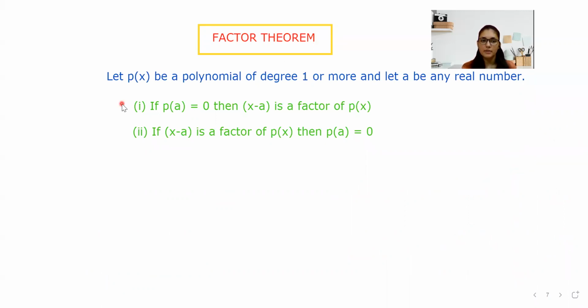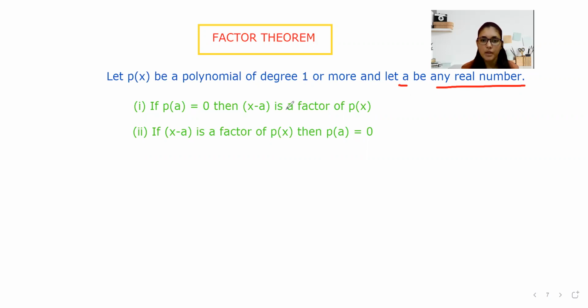The factor theorem states that let p(x) be a polynomial of degree 1 or more than 1, and here also a is any real number.